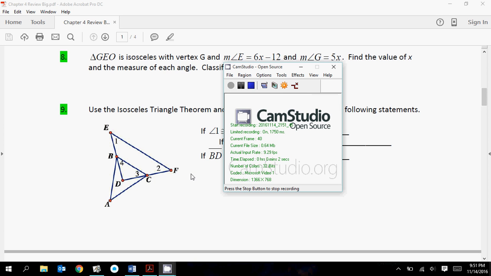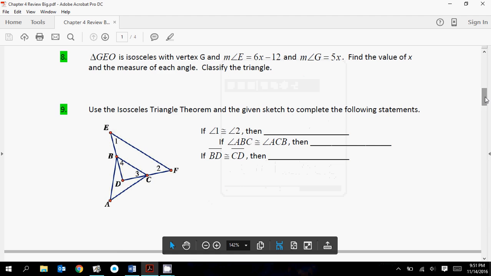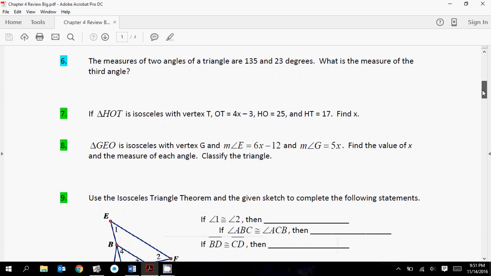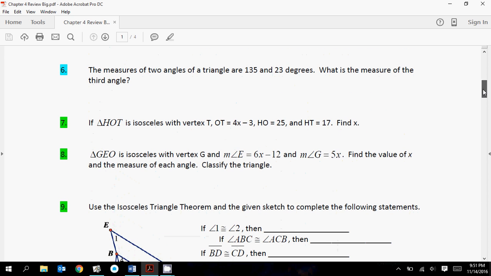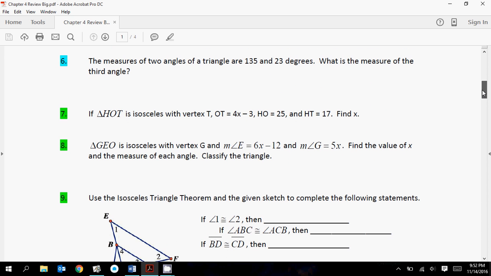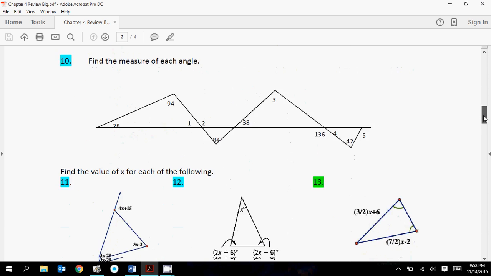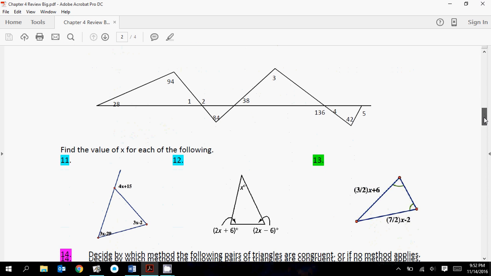Alrighty, so for the third installment here, we're going to deal with the questions in this light blue here. So basically, I'm dealing with general properties of triangles, so nothing special like isosceles or equilateral. Just some general things about angle measurements in a triangle.